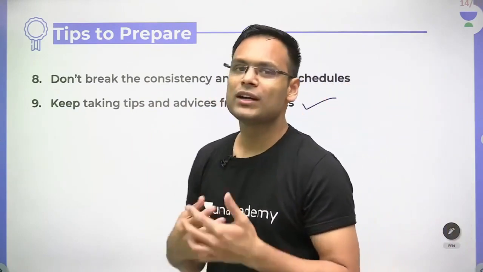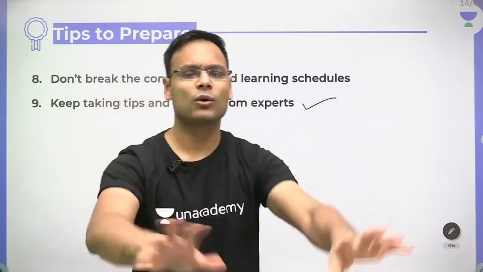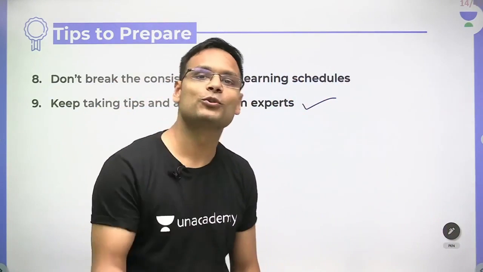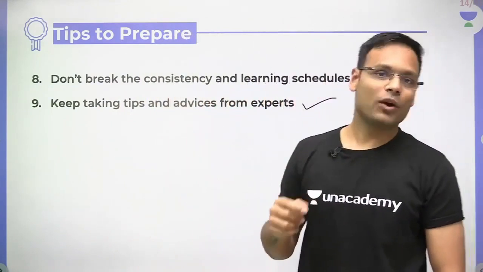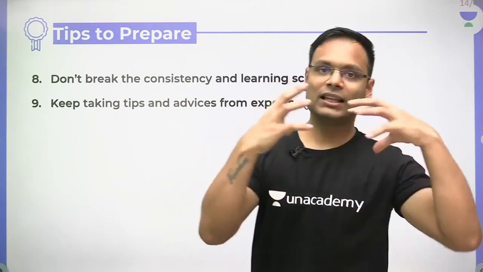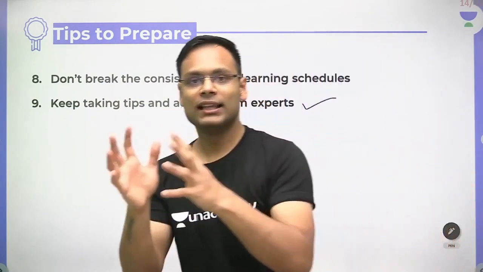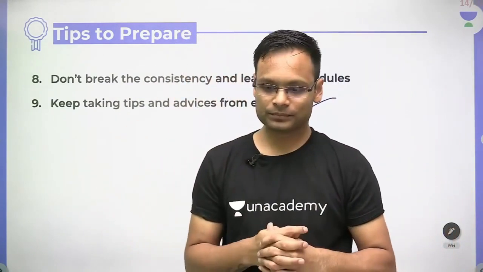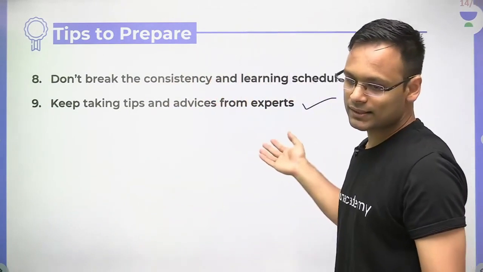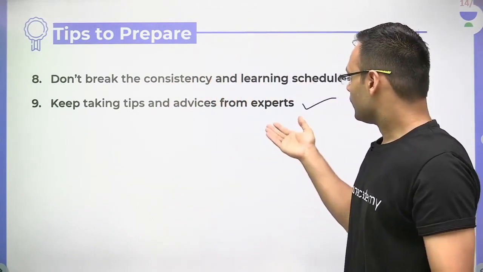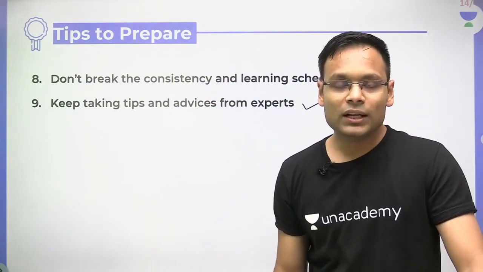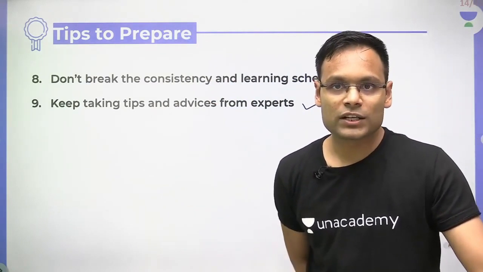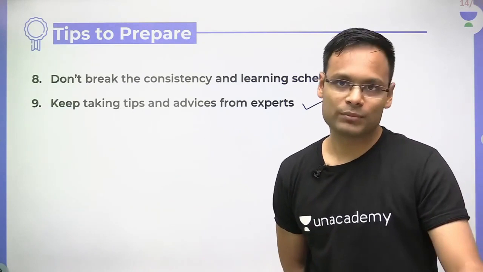And the other kind don't understand. If somebody has made a mistake, okay, no problem, we will also make the same mistake. Why? Because we are not able to understand. In that case, they will make the mistake, solve that mistake, and waste a lot of time. So keep taking the advice of the experts, so that they will tell you that this is the mistake most of the students are making, so don't make that kind of mistake.